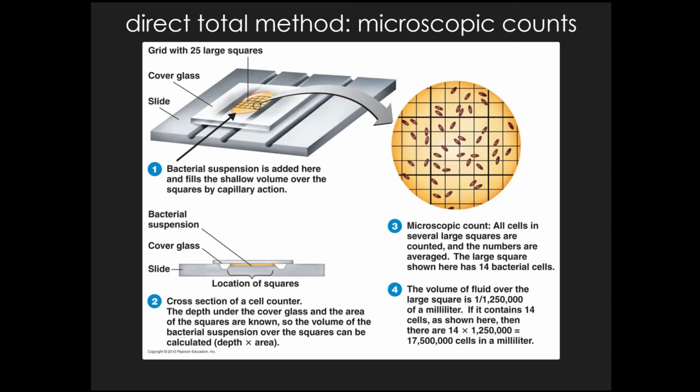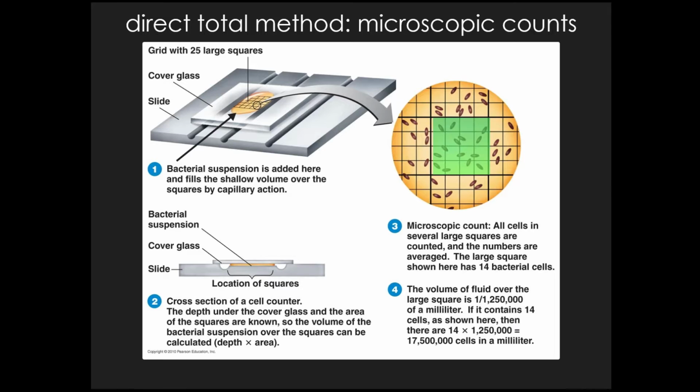And that allows you to just count what you see under the microscope and apply a formula that's given to you by the company who sells the microscope slide, and then you get a number of how many cells per mil. So you add the bacterial suspension underneath the fixed cover slip, and then you put that under the microscope and you count one of the cells.